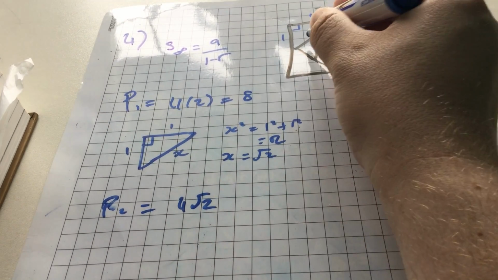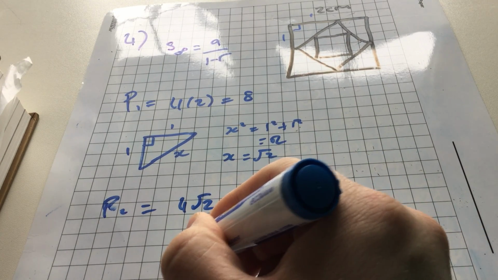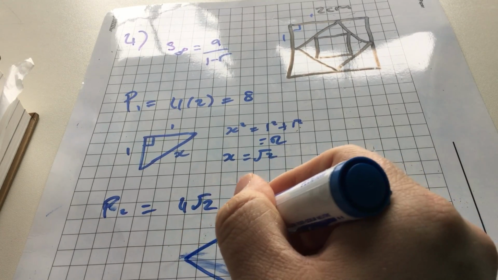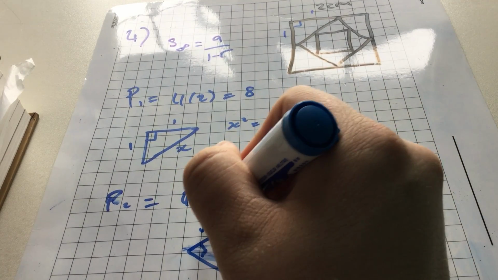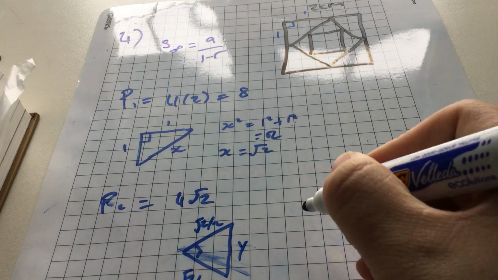So if I draw this triangle, that being a right angle, this is root 2 over 2, and this is root 2 over 2, and this is, I'll call y.